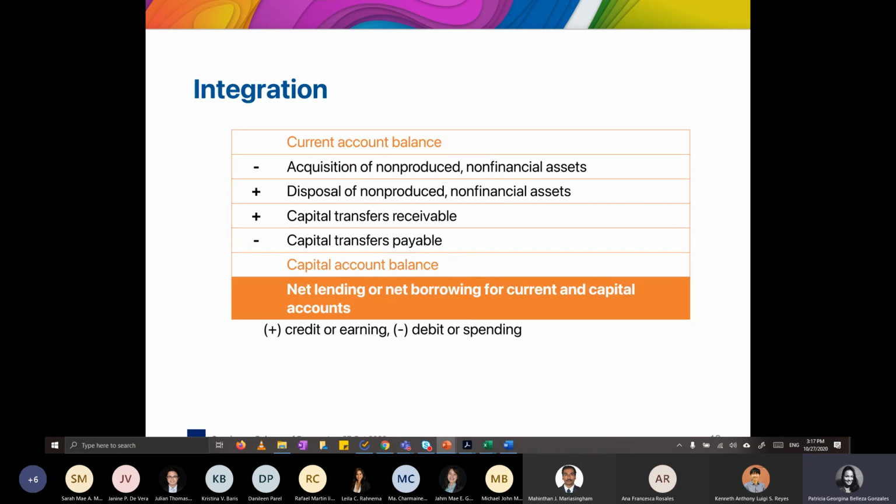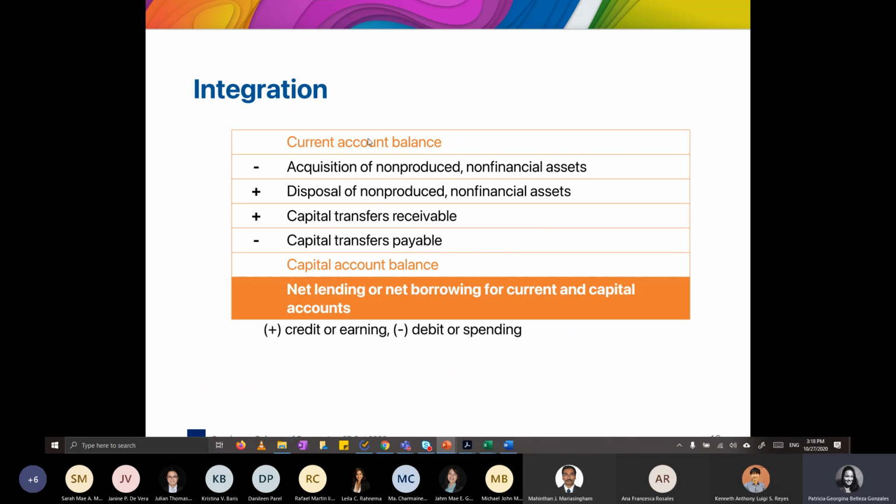It's a transfer. So when we integrate all of these, both subtypes of capital account items, we have this: current account balance minus the acquisition of non-produced non-financial assets plus the disposal of non-produced non-financial assets plus capital transfers receivable and minus capital transfers payable equals the capital account balance.